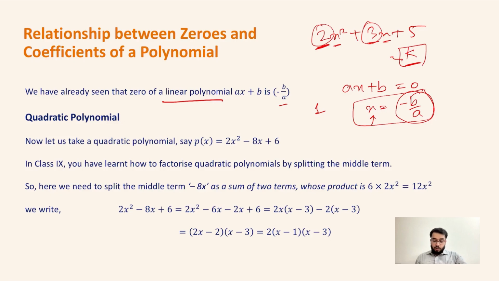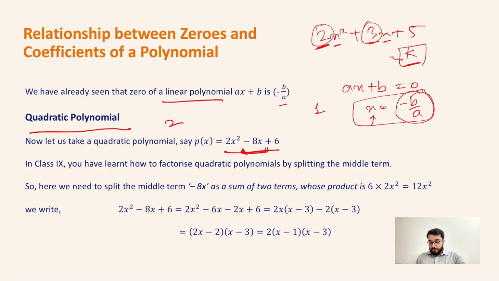Now let's look at a quadratic polynomial. This would be a little different because a linear polynomial has only 1 zero, but a quadratic polynomial has 2 zeros. So let's look at how they interact with the coefficients of the polynomial. Let's take an example, 2x² − 8x + 6. In the previous class 9, we've already learned how to split the middle term.